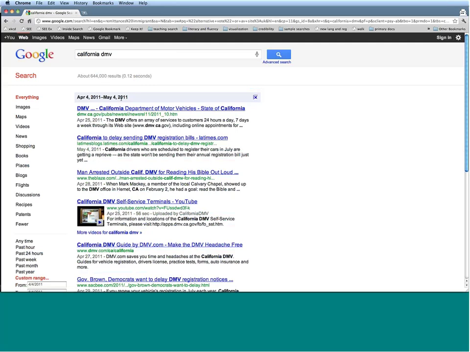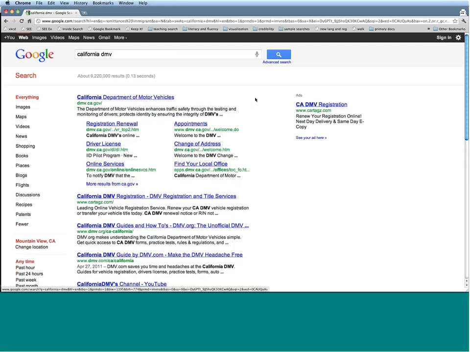You notice that the filter is still there. This is what we call being stuck in a mode. It's pretty common that people do some type of filtering, don't realize they're still stuck, and then can't find what they want. The way I turn this filter off is I go to the blue stripe all the way over to the right, and there's a little X. I click on it, and it's gone. And now I can, for example, find the main site for California DMV.